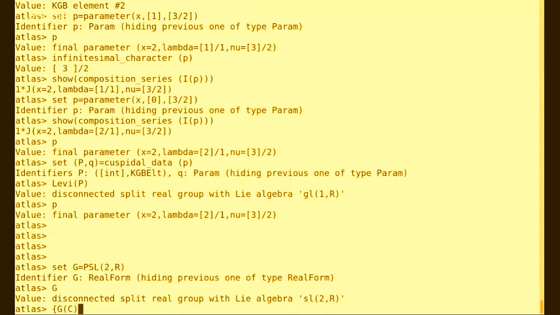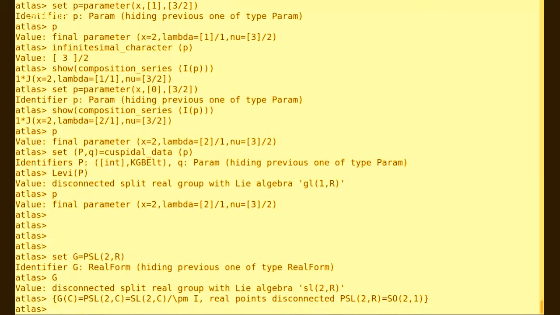G of C is PSL2C, which is to say SL2C modulo plus or minus 1. And the real points are disconnected, and that's denoted PSL2R. Another way to think of it is as the group SO(2,1). It's worth looking at this group. It's a little bit different. Let's set parameters equal to all parameters gamma of G.